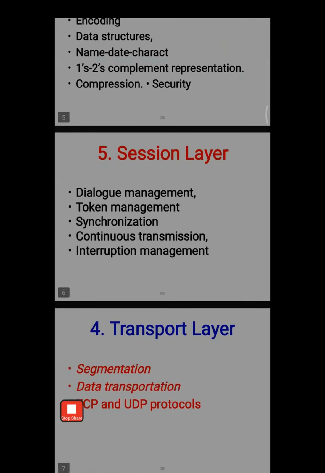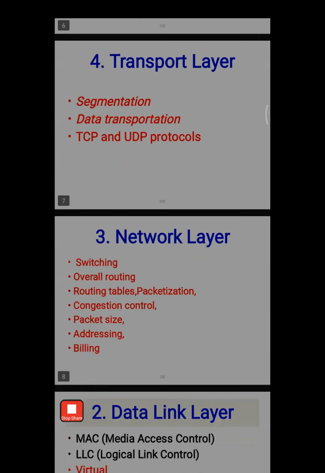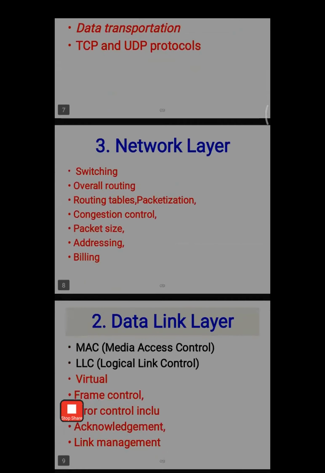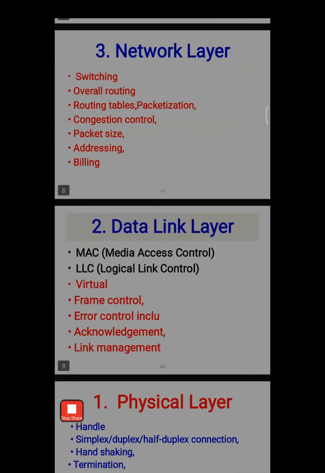The fifth layer has dialog management, token management, synchronization, continuous transmission, and interruption management. The fourth layer consists of segmentation, data transportation, and TCP and UDP protocols. Then the third layer consists of switching, routing tables, congestion control, packet size, addressing, and billing.